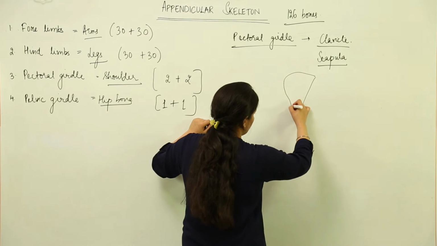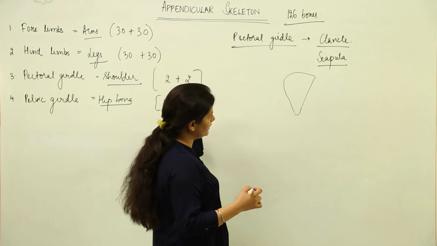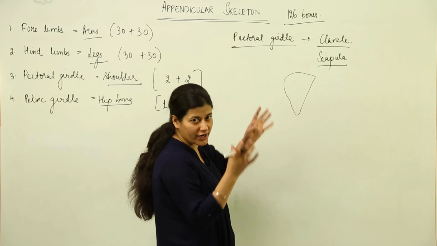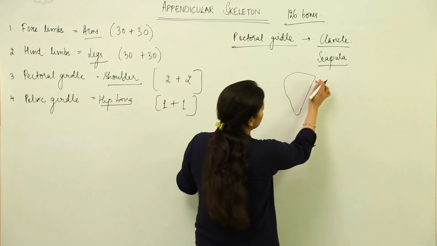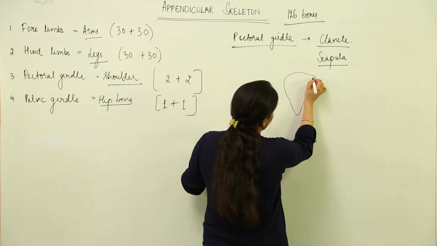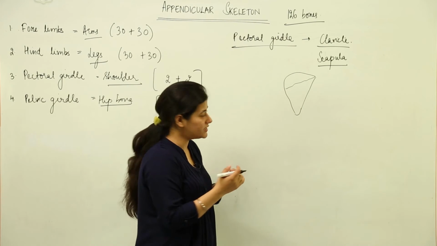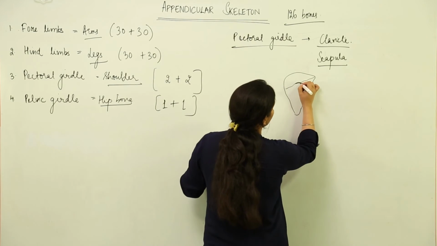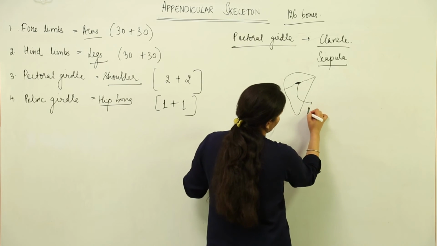Okay, this is how scapula looks like. You can touch and feel your shoulder. This is a long large triangular bone which is located towards our shoulder. Now over here there is a diagonal fissure type of thing which is present, and there is a cavity sort of thing that is known as acromion.